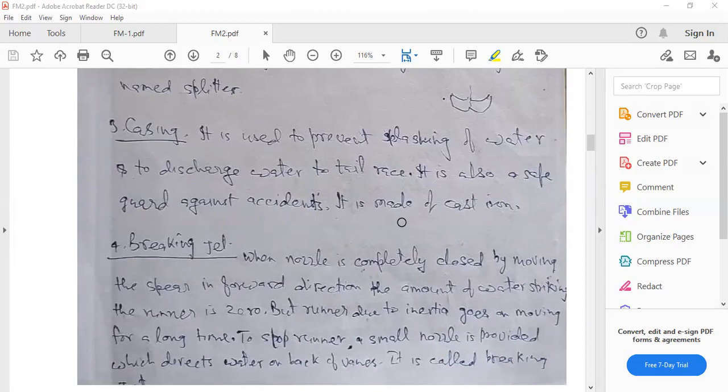For that purpose, we use a cover which is known as casing. Casing is used to prevent the splashing of water and discharge water to the tail race. It is also a safeguard against accidents. It is made of cast iron.